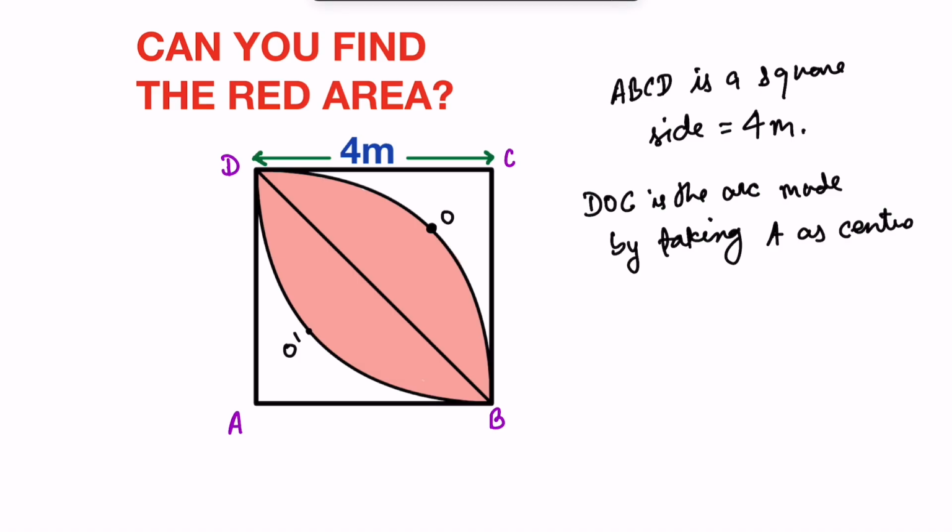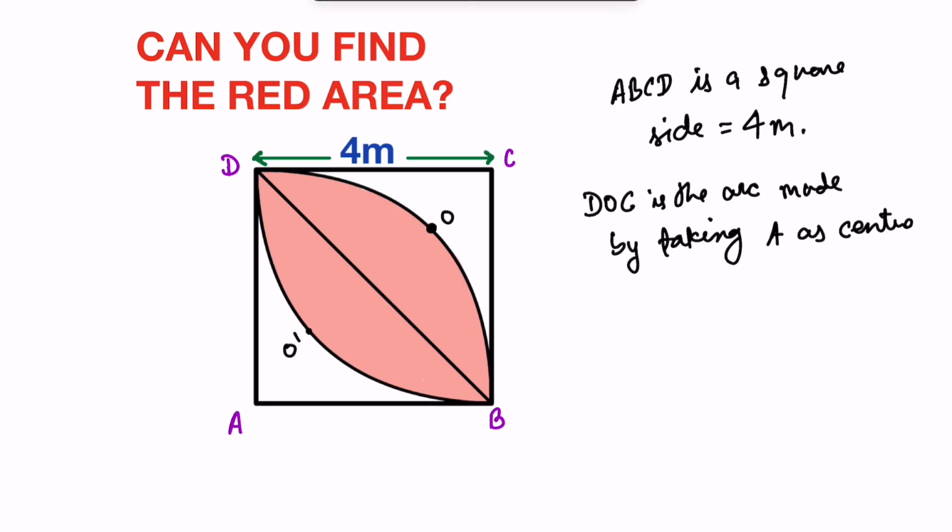Similarly, C is the center and DO dash B is an arc, and DOB is an arc made by taking A as center. So I hope the question is clear now.